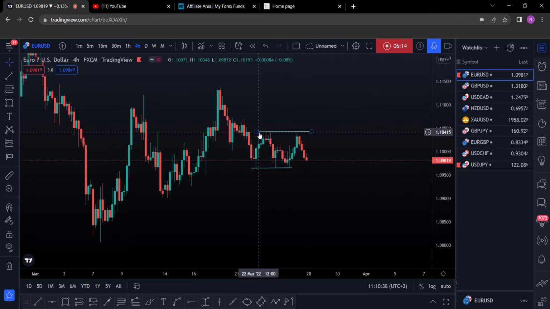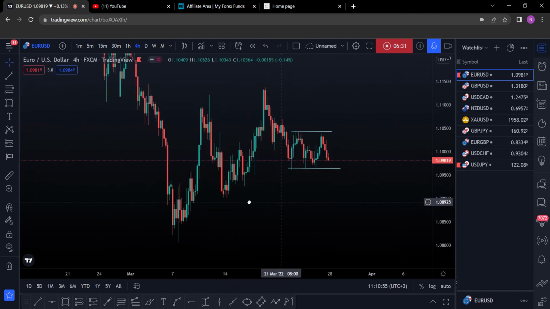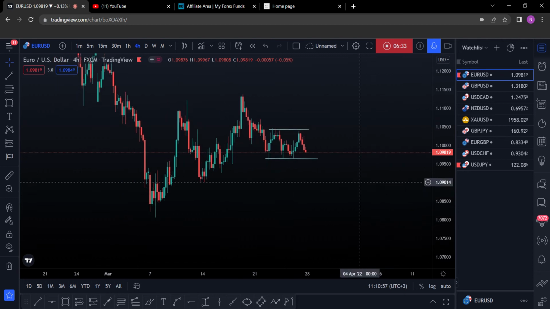So the recent high for this market is this one. If this had broken structure, this would be a recognizable high. But at this point, this is within this range. So for Euro USD currently, it is still a bearish market.